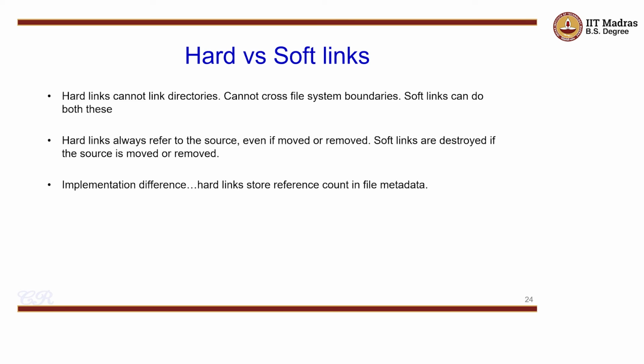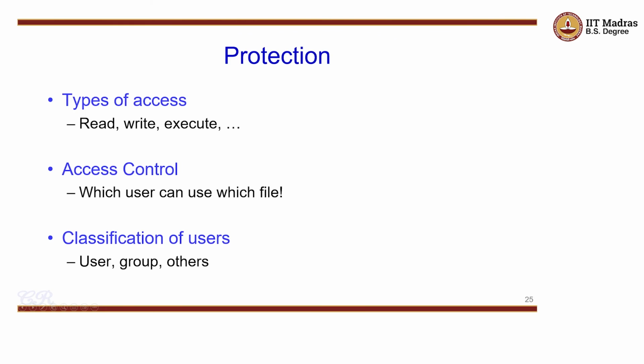They also cannot link across different file system boundaries, while soft links can do both of these. Hard links always refer to the source even if it is moved or removed. This is what we've seen. But soft links are destroyed if the source is moved or removed, right. So, these are the subtle differences between hard links and soft links, right.